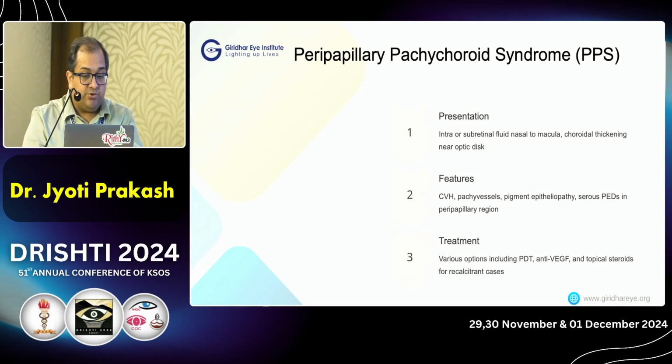The features usually include chronic choroidal venous hyperpermeability, pachyvessels, pigment epitheliopathy, and serous PED. More or less the symptoms are similar, but to differentiate between the two is just identifying the morphology and looking at the various kinds of pattern recognition. You see it 2 times, 3 times, the 4th time your brain will automatically feed you the diagnosis.